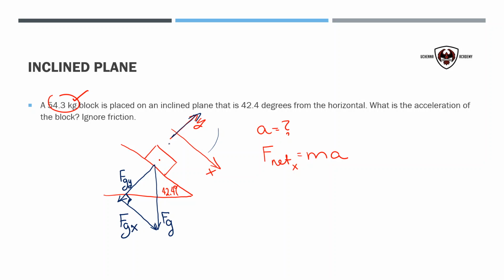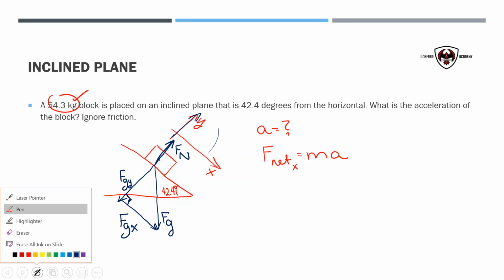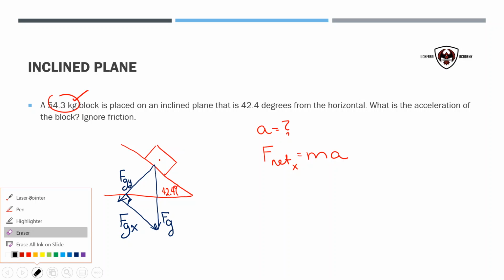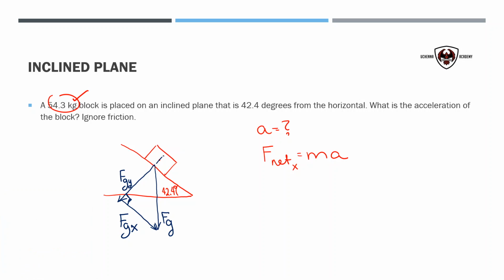Another force on this object is the normal force, which is right here. I should maybe erase my grid here, because the normal force should be the exact same magnitude as the force of gravity in the Y direction, the same as this force here, because they're opposite in direction but equal in magnitude, because the object is not moving above the plane.